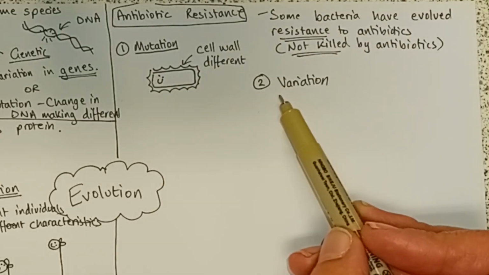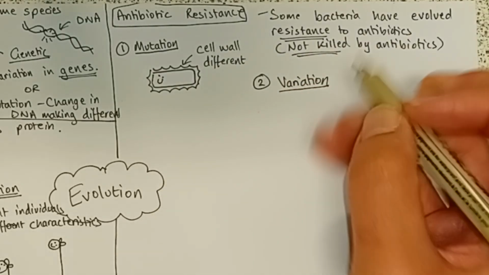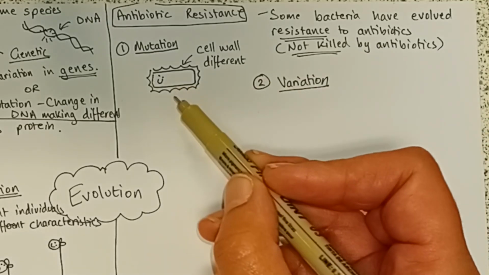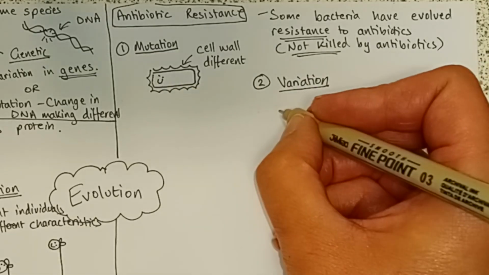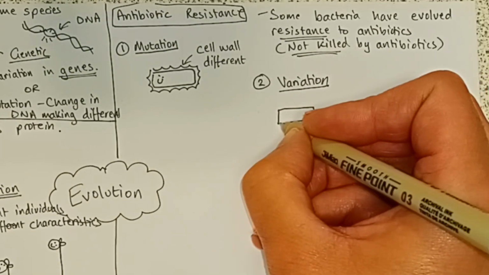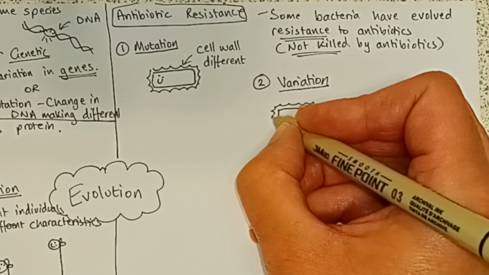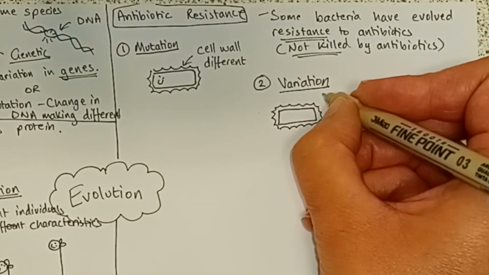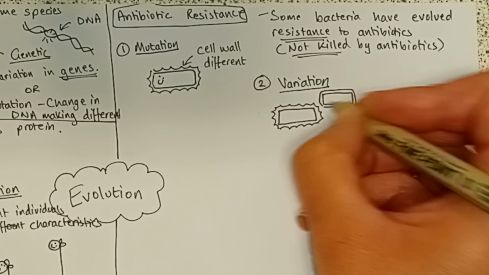So the next shun word then is variation. And because this single bacteria has luckily had a mutation that's made it better than the others, this bacteria's got its special cell wall, and all the other bacteria have got a normal smooth cell wall.